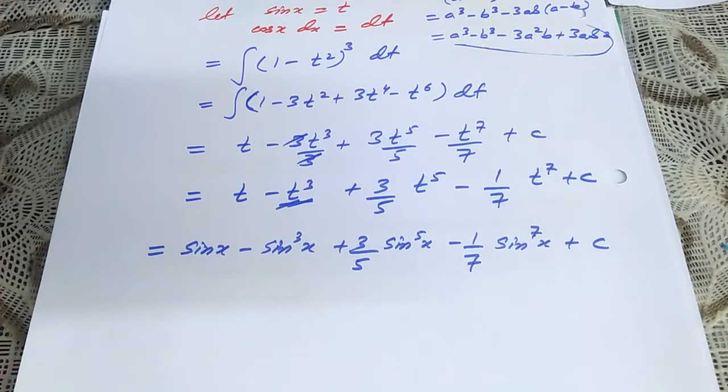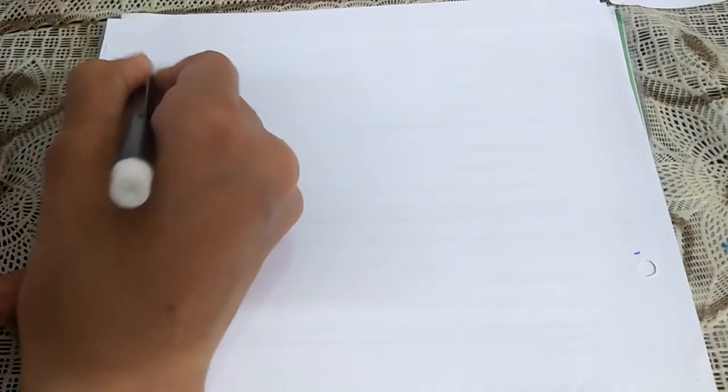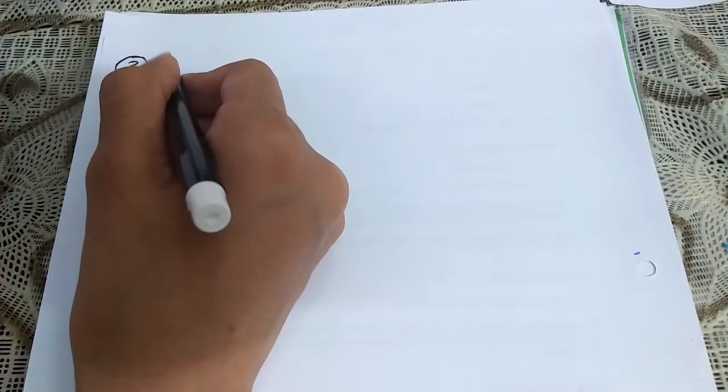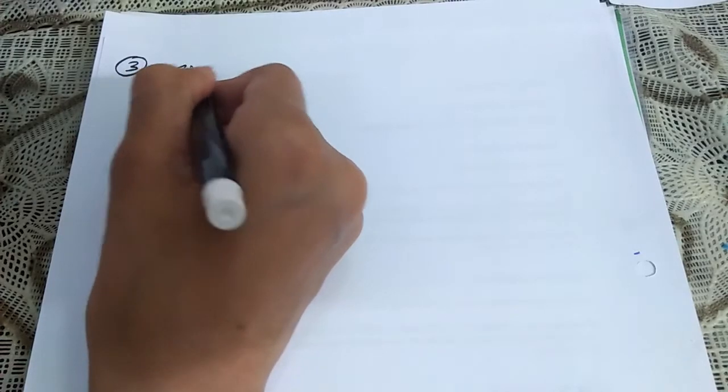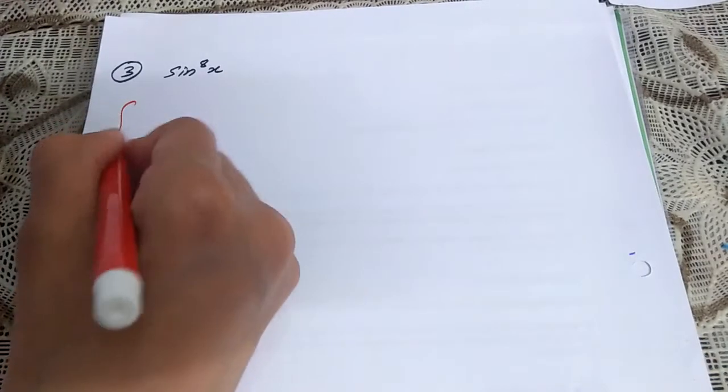Let's move on to question number 3. Question number 3 we have sine 8 of x. This is the more higher power as the previous question, so we can use here the reduction formula. And you know that what reduction formula is.